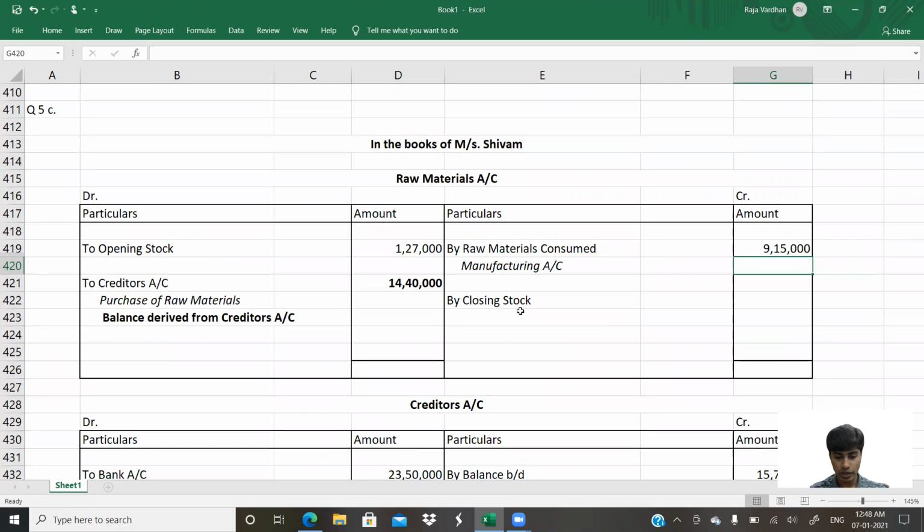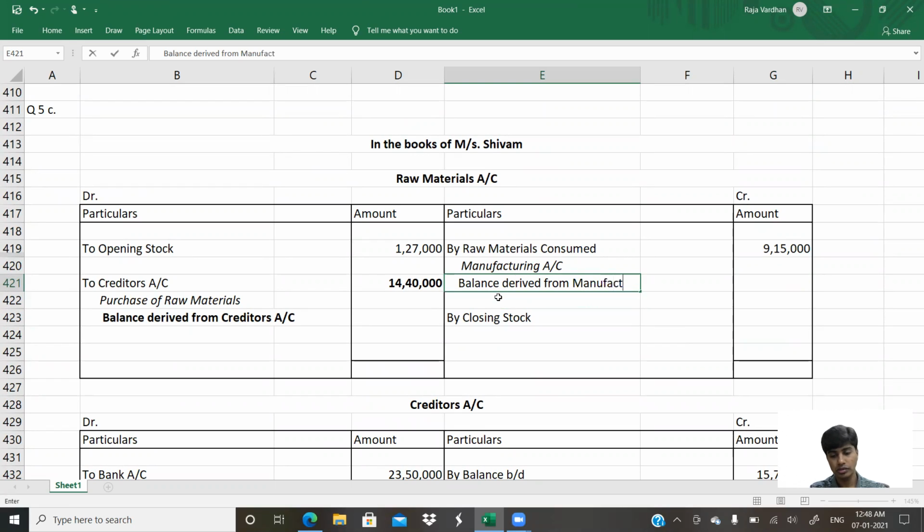Found this. So I'll write below this so that you won't get confused. What do I write? From where? Manufacturing account. Very good. Yes.